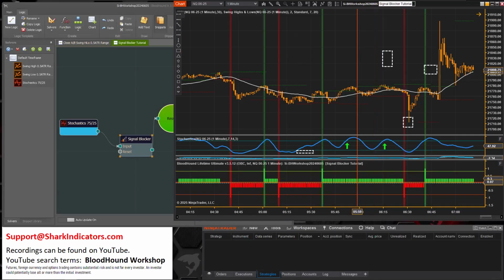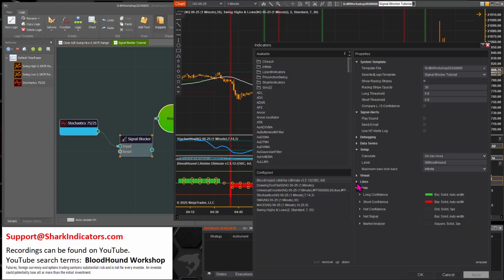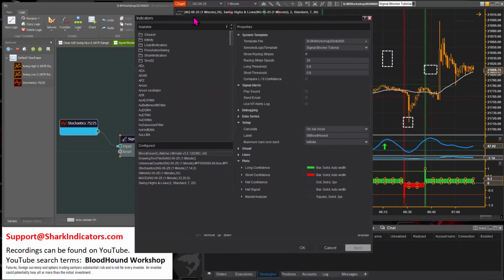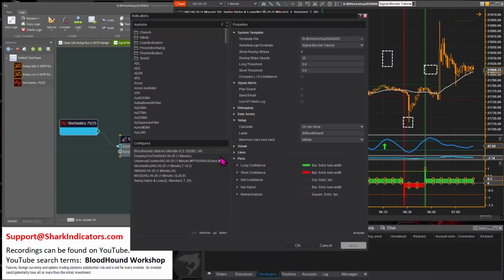So if we open up the indicator window here, we have BloodHound selected, and there we go, under lines. Under lines we have a long threshold and a short threshold. You can see they're set to 0.8. So this means 80%.